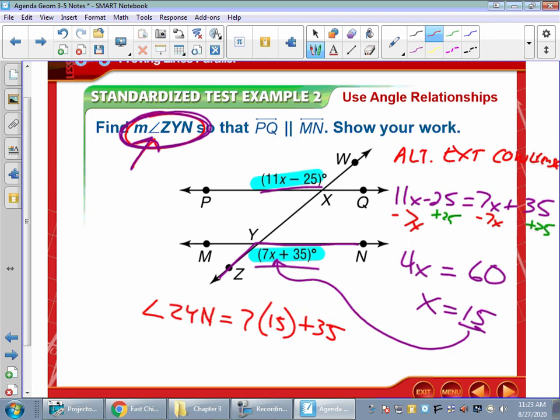And that comes out to be 140. 7 times 15 is 105 plus 35, 140. And I bet if you plugged it in up here, you would get the same answer, because those angles are congruent. Okay? So that gives us the answer on that one.